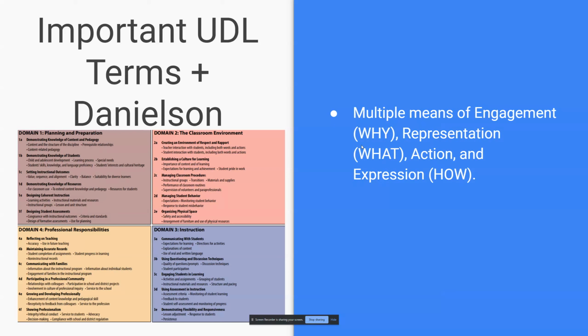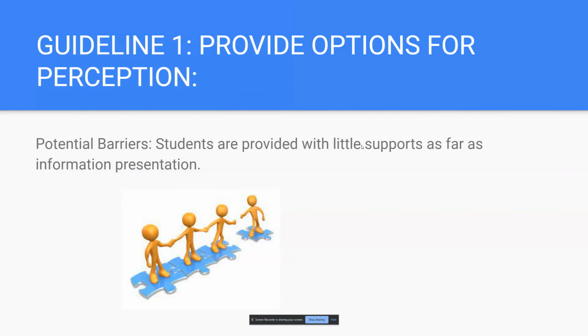I will be coming back to this picture to talk about how the lesson fell into the Danielson framework, and what it missed big on for sure. So, without further ado, let's go to guideline 1, providing options for perceptions.